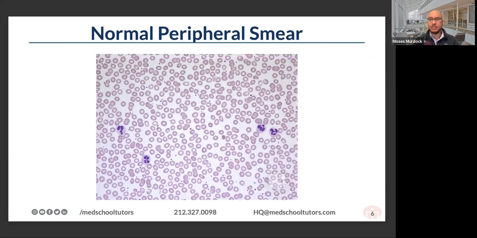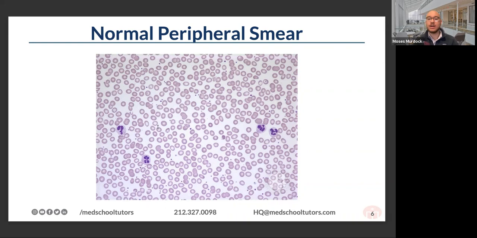Occasionally, we'll be seeing blood smears in this webinar, and I just wanted to point out a normal peripheral blood smear. You'll notice that the predominant cell are red blood cells. I won't spend too much time describing them because there's a whole webinar on that as well. You'll notice that there are a number of white blood cells here, and again, too much or dysfunctional or abnormal, dysplastic in some way.